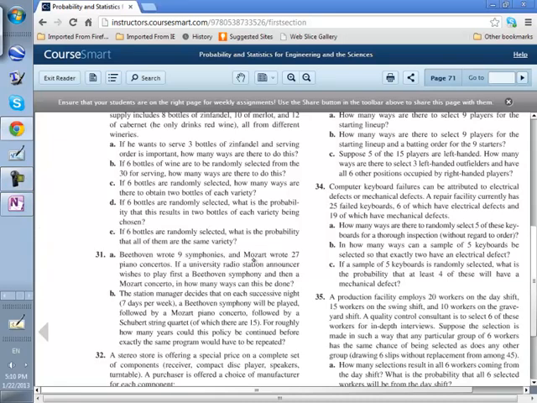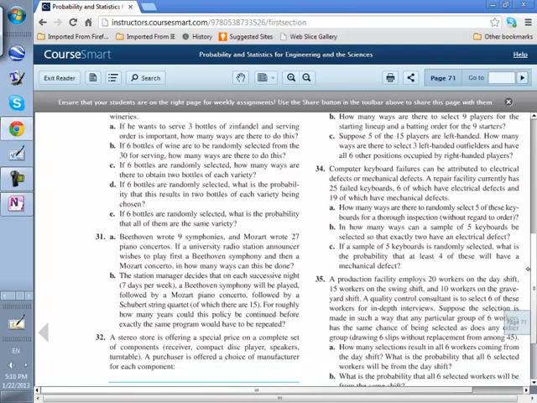Let's resume. Let's do question B. If 6 bottles of wine are to be randomly selected from the 30 for serving, in how many ways can we do this? Randomly selected. Do we care here about the order? No, it doesn't say.